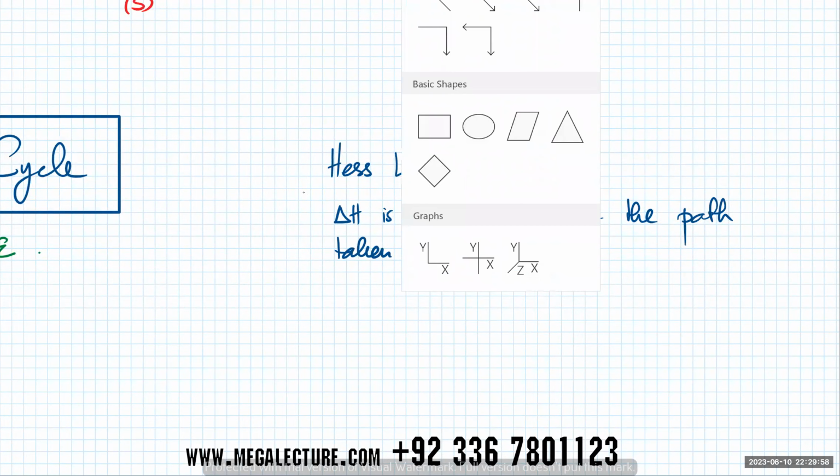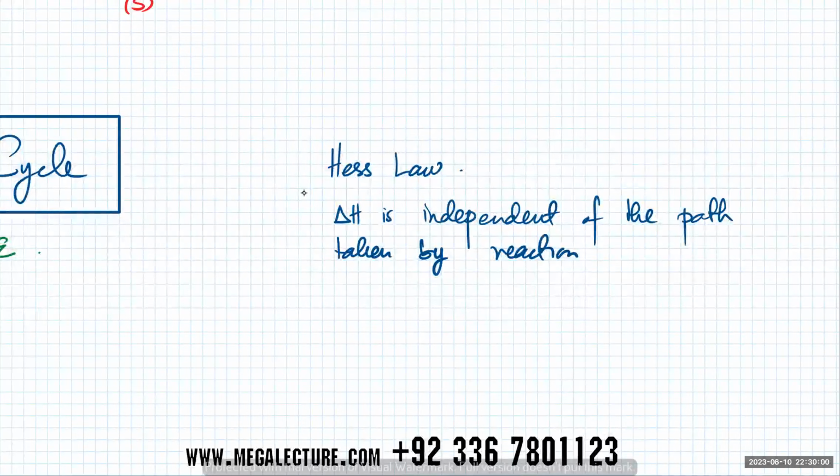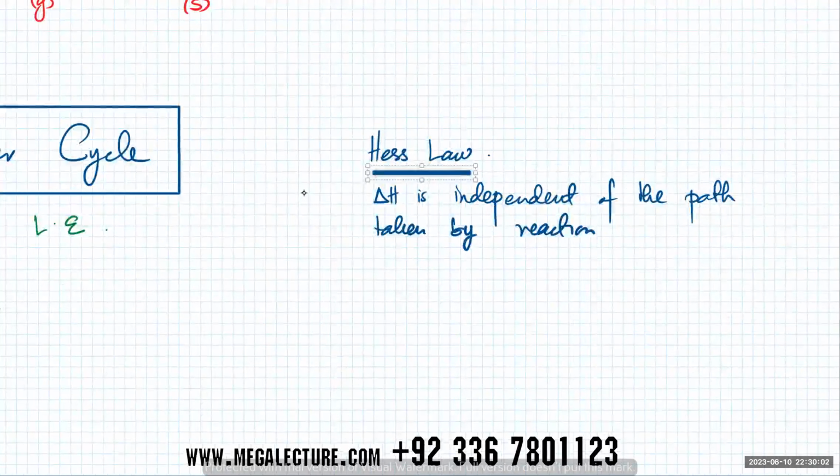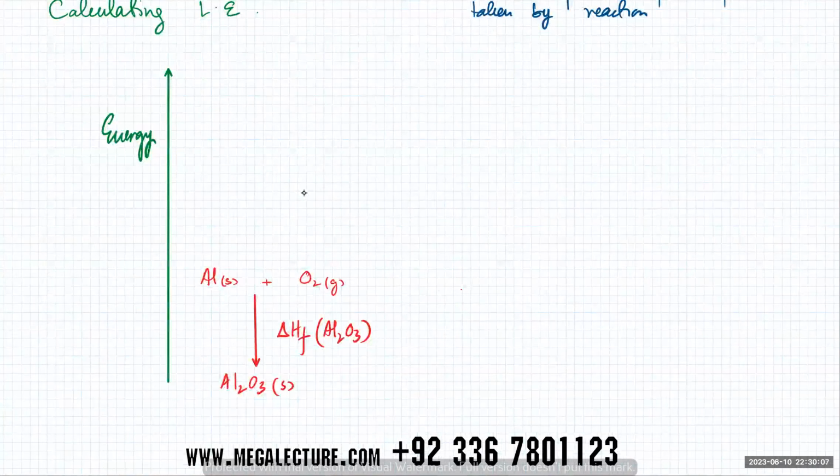You're going to get the same enthalpy change no matter what happens in the middle. So anyways, you've got this part, the enthalpy of formation. Now we're going to break this into steps.